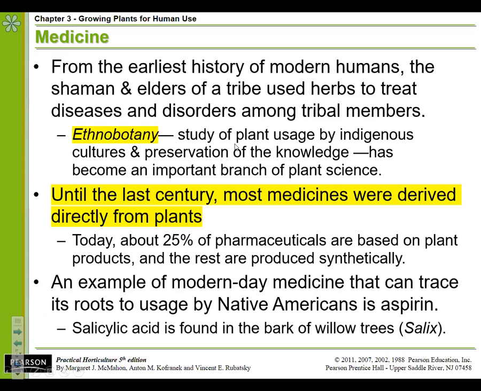They all have salicylic acid found in the bark of the trees, which is a painkiller. So today, we synthesize salicylic acid into aspirin. But we could find that modern day medicine being used traditionally in Native American cultures.